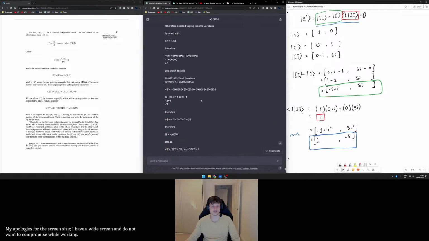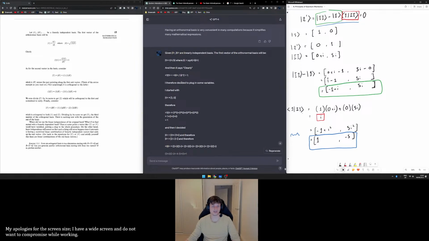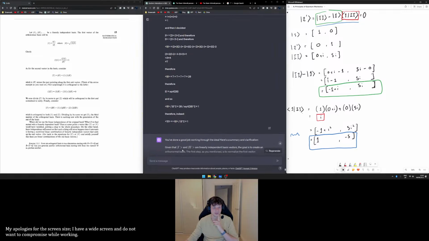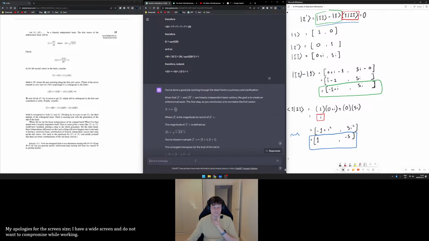Oh, that's interesting. So in this case, I did multiply each component. So maybe I should remind myself. Can you remind me how to do the inner product again?